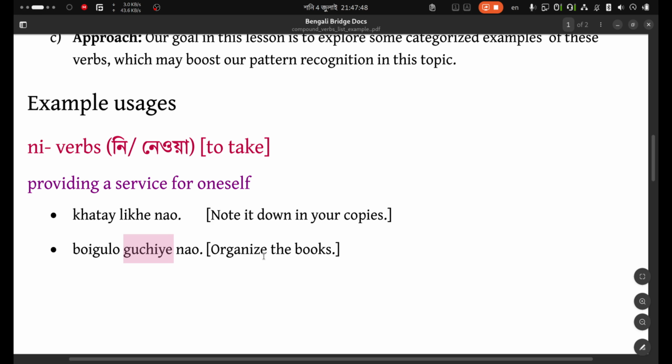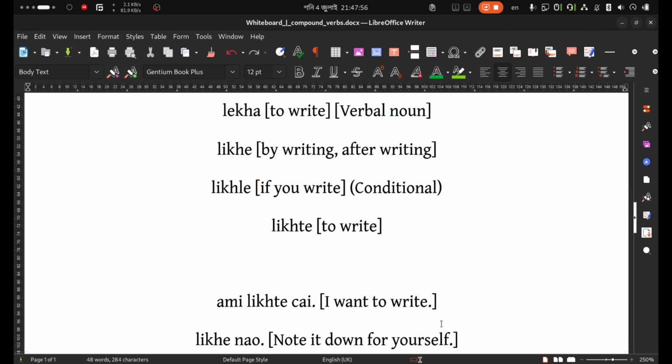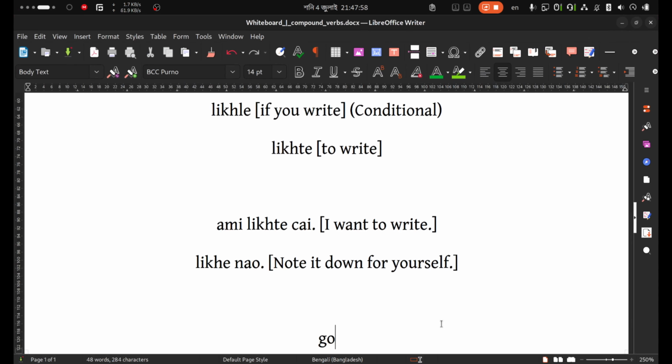Arrange the books or organize the books. Gochano means to organize, to arrange.